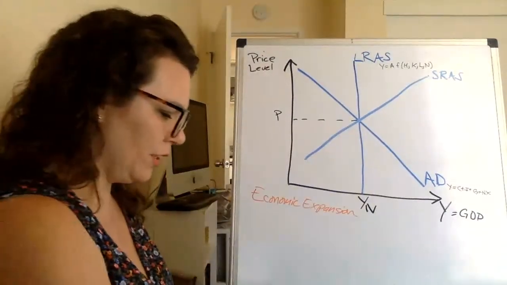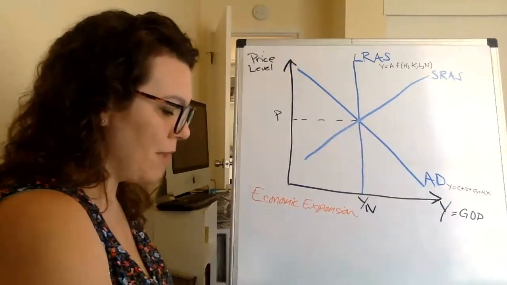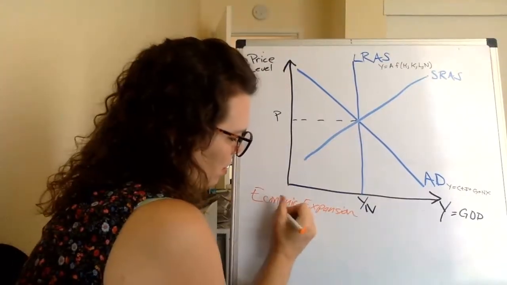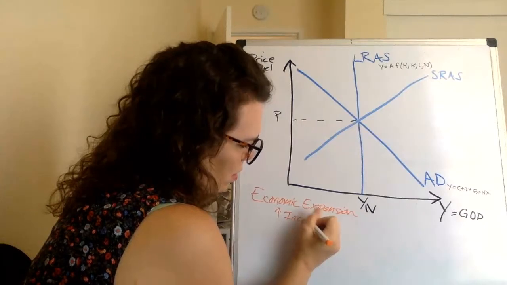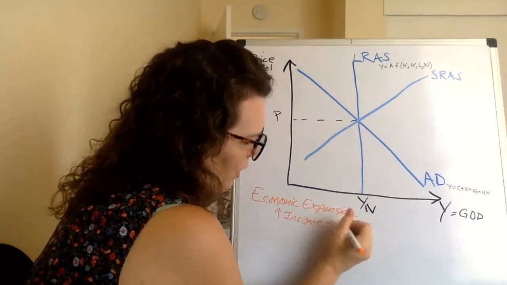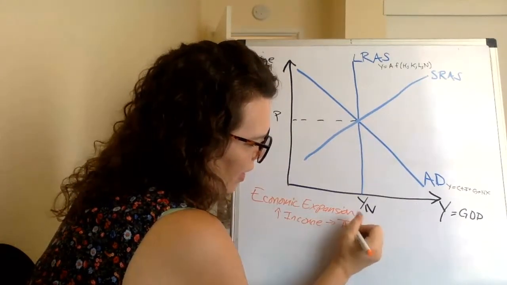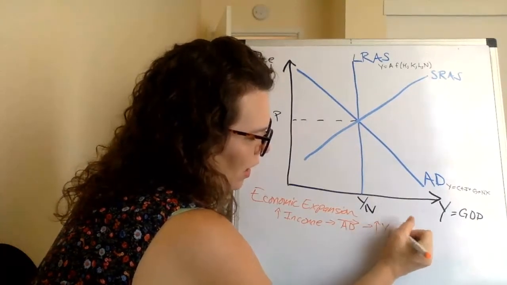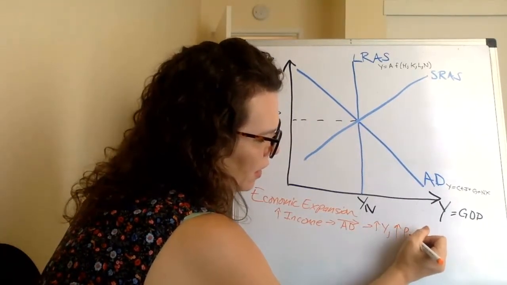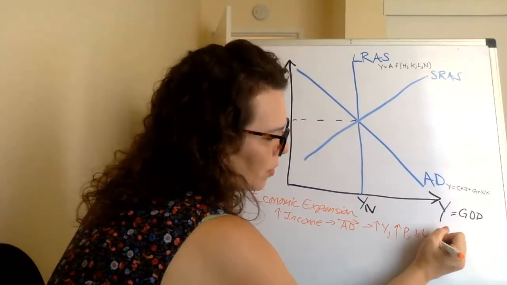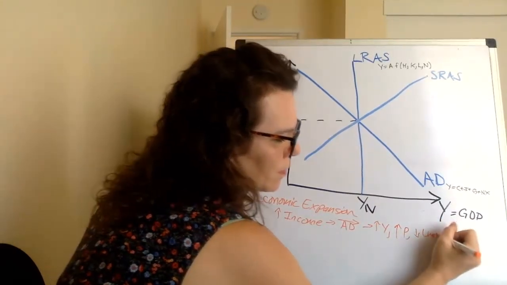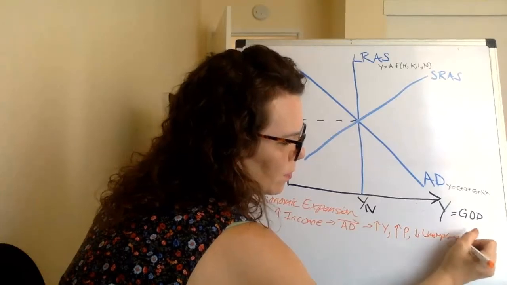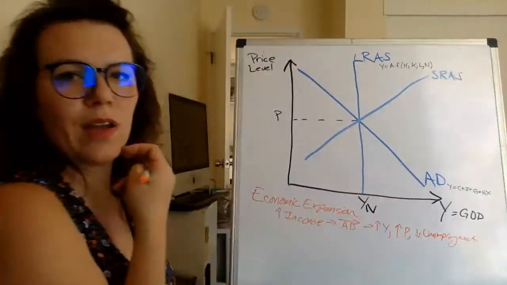So an increase in domestic incomes would lead to a shift out of aggregate demand, which is going to give us an increase in Y and an increase in P. It's also going to decrease unemployment. Okay, so those kinds of things.